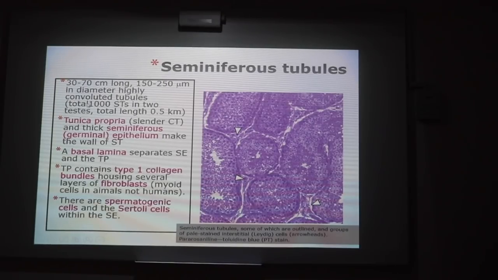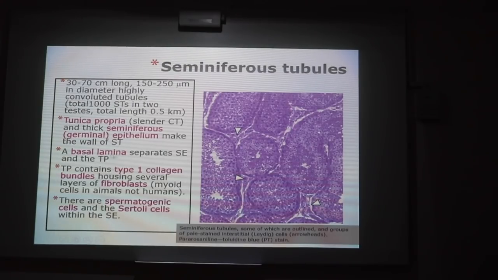There are a total of about 1,000 seminiferous tubules in the two testes, so if you count the total number, about 1,500 in each testis. The tunica propria, which is the connective tissue layer surrounding the seminiferous tubules, makes the wall of the seminiferous tubule.